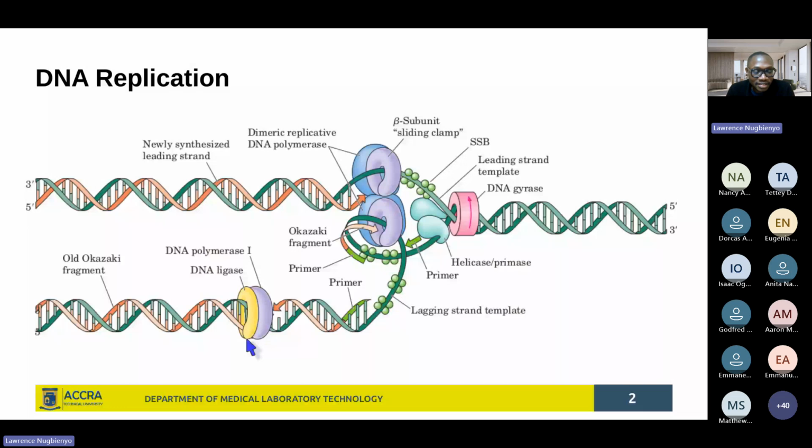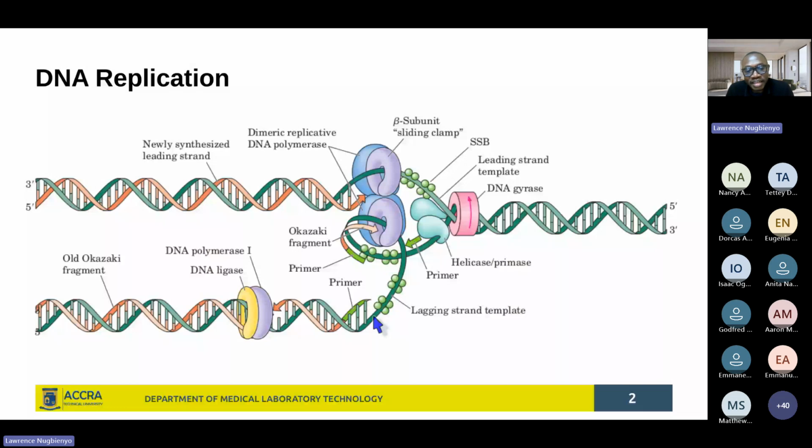Some other things you saw were the enzyme DNA polymerase, which is responsible for bonding these new nucleotides onto the old nucleotides to form the new strand on the old strand, to form a new DNA molecule.